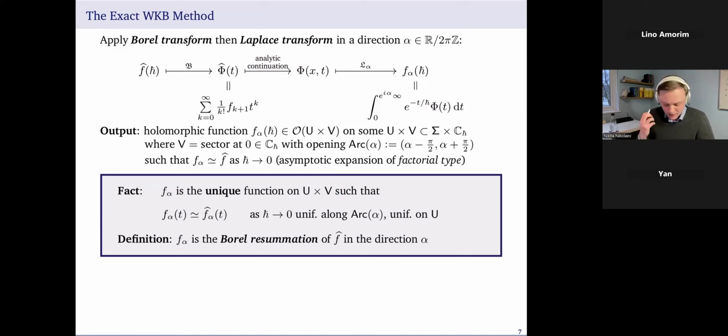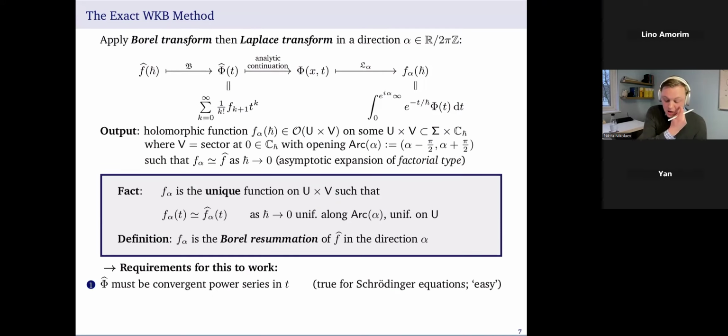So I'm calling this unique function the Borel resummation of f hat in the direction alpha. It has a completely canonical feel to it. There's some condition that this function satisfies, and it's the unique one that satisfies it. This condition can be made completely geometric. It has really nothing to do with the variable t, etc. All of these are totally invariant properties.